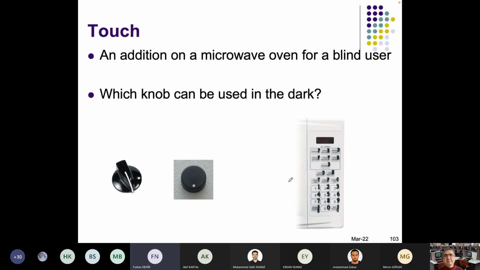Therefore, it has to convey physical information along.